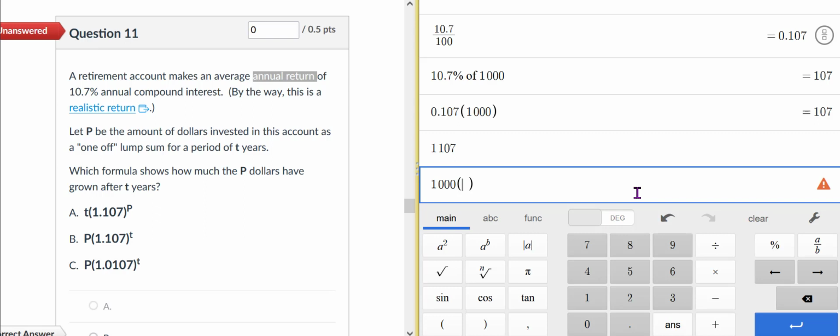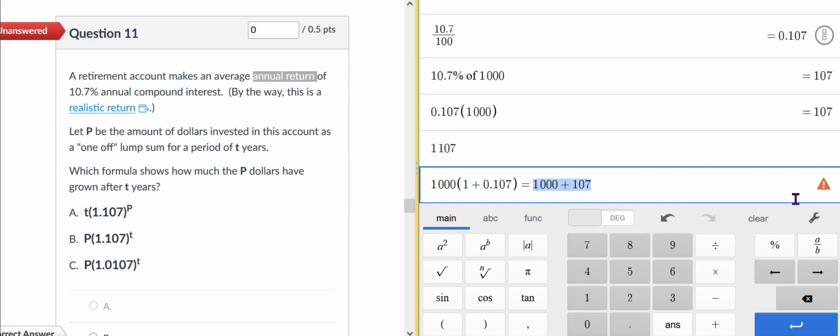So it's times 1 plus 0.107. Does that make sense? Because it's kind of like a distributive property. If you were to distribute this, that would be 1,000 times 1, 1,000, plus 1,000 times 0.107, which is your $107. And that gives you your total 1,107.